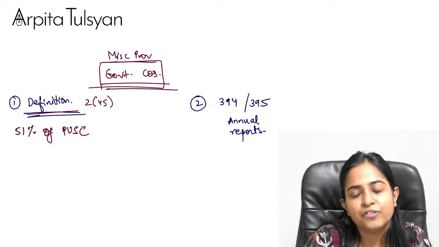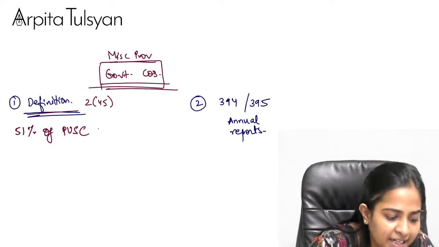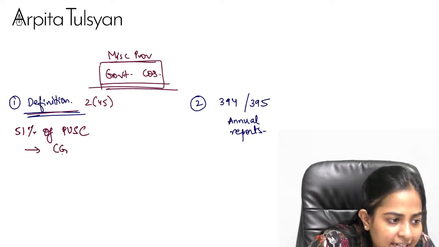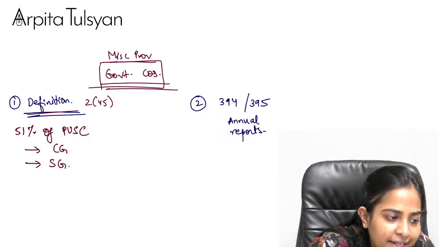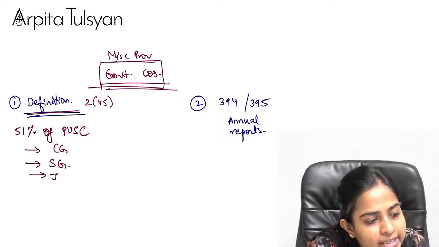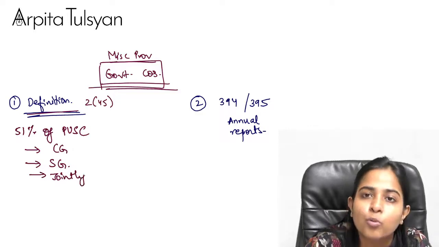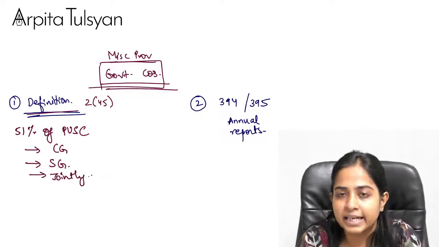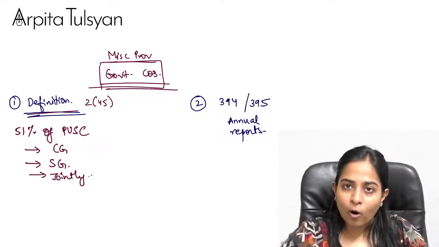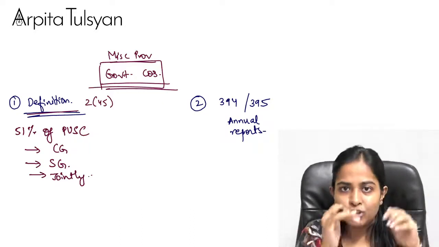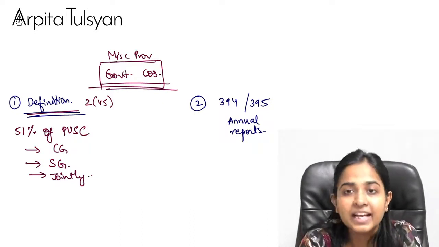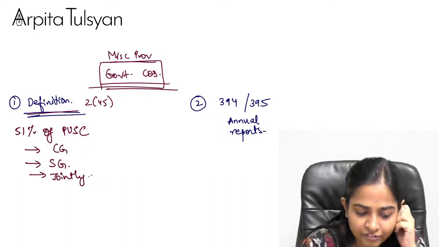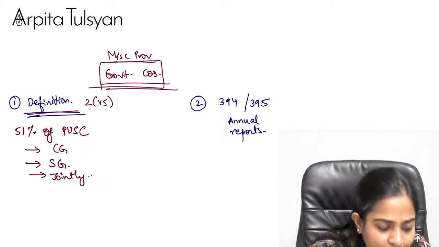So at least 51% of the paid up share capital is held by central government, or by state government, or jointly by both. All of these, either individually or together, are holding 51% of the capital in that particular company.